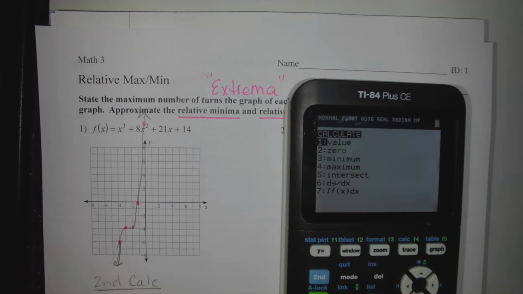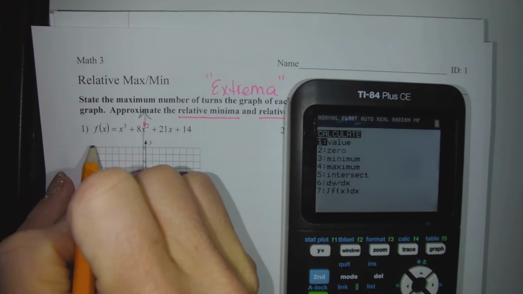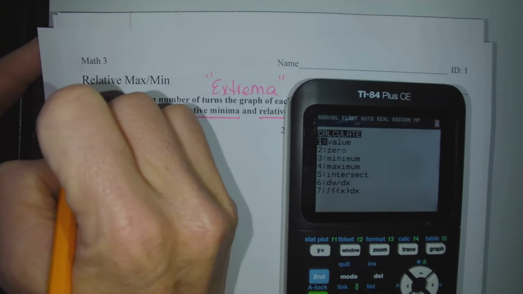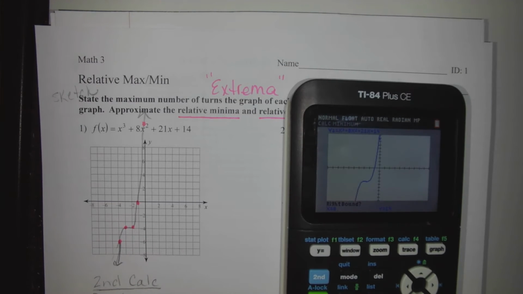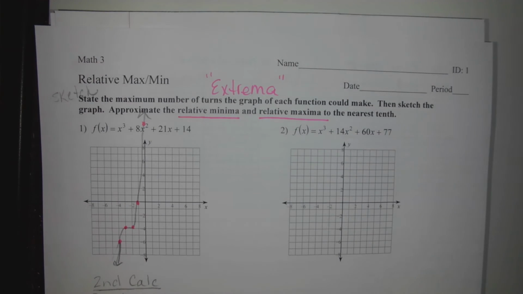And then stop there. I want to make sure everybody caught up. We are sketching. I'm going to write that word. Not really graphing. I mean, we are graphing. I go ahead and hit 3. 3 for minimum. There it is.